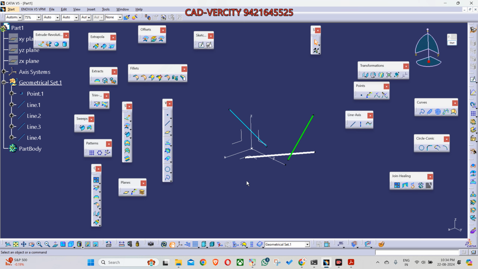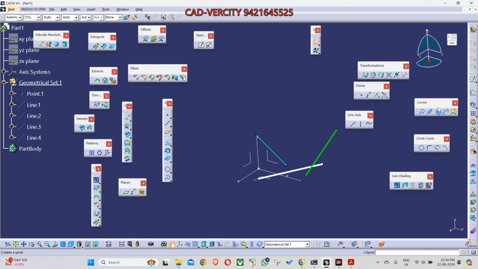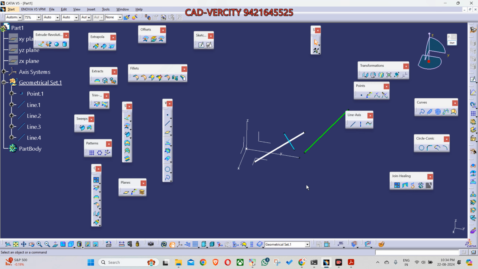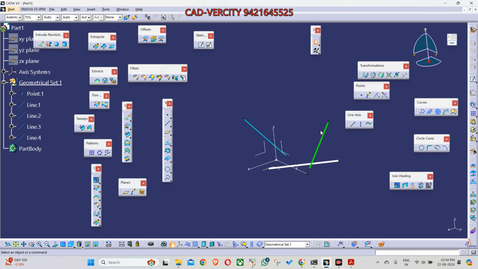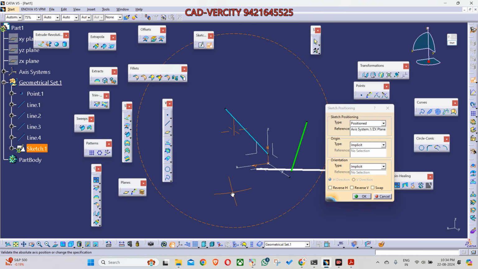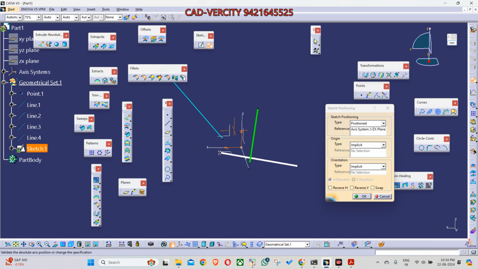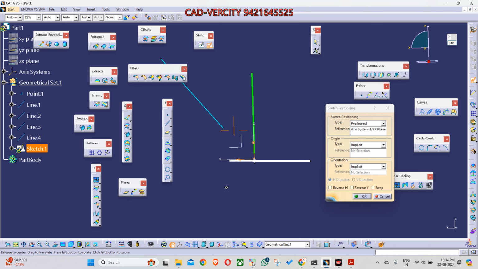Now let's see. Can we use a spline as a curve? And can we draw a line perpendicular to spline? So for now, I will draw one sketch, position sketch on this plane. I want to draw a sketch like this.